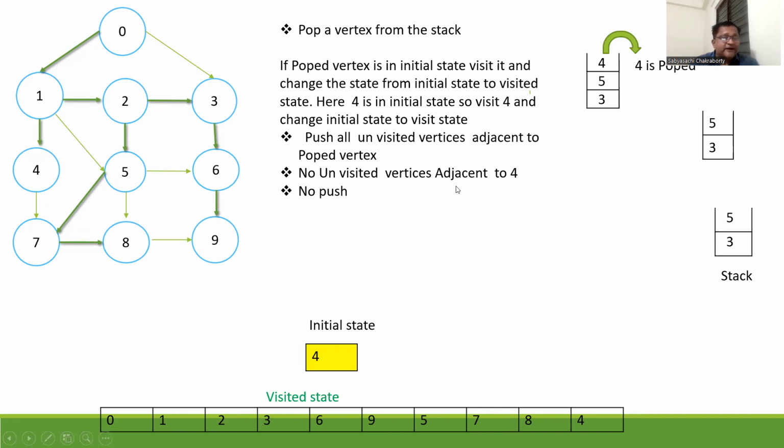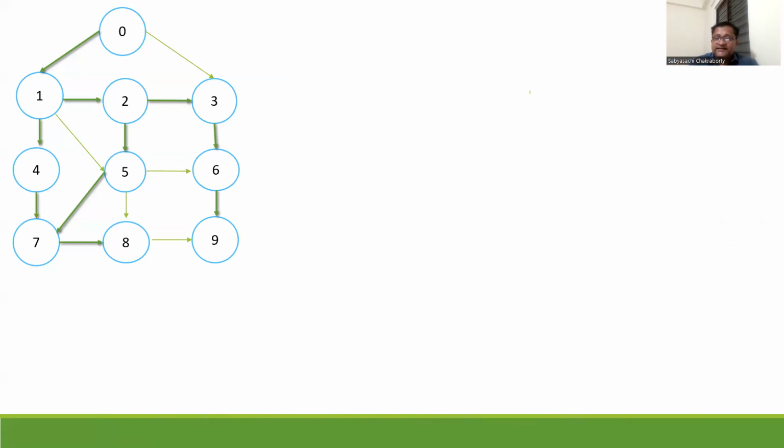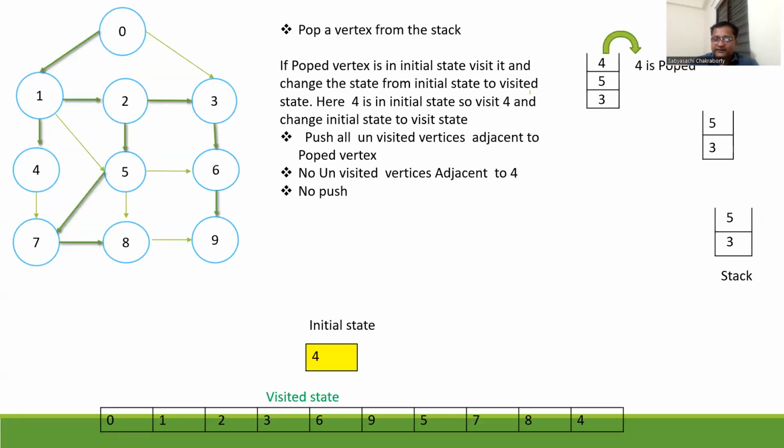There is no unvisited vertex adjacent to 4. 4 is having only one descendant adjacent, that is 7, and unfortunately that is visited already. So 7 will not be inserted into the stack. After that, the stack is having only 5 and 3.